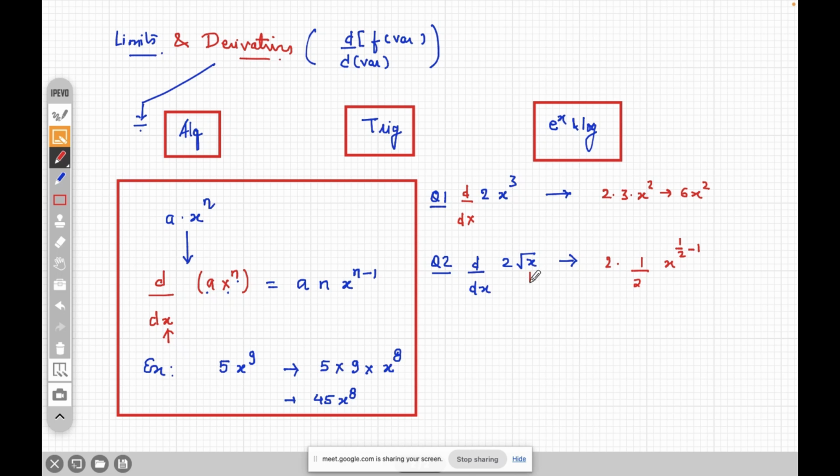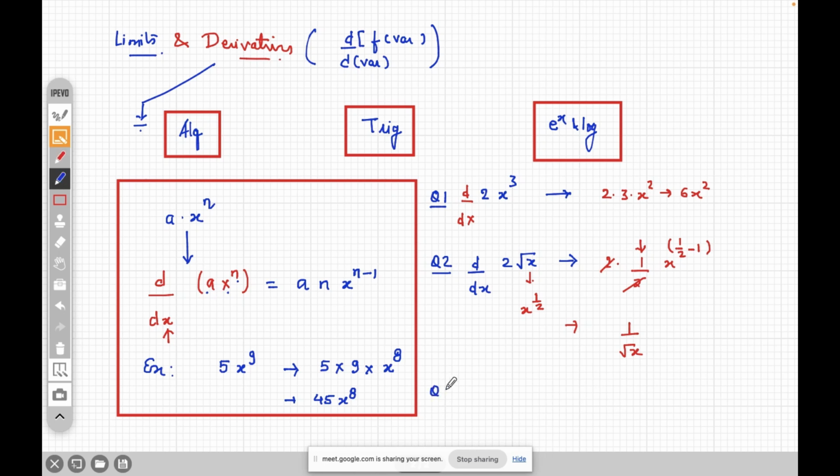Stepwise, I can write this as x to the power 1 by 2, right or not? So 1 by 2 comes forward, x raised to 1 by 2 minus 1, so this is negative 1 by 2. Negative 1 by 2 can be written in the denominator as root x. So the answer is 2 and 2 cancelled, 1 by root x. Yes or no? Yes, sir.